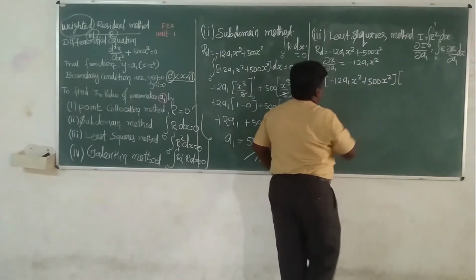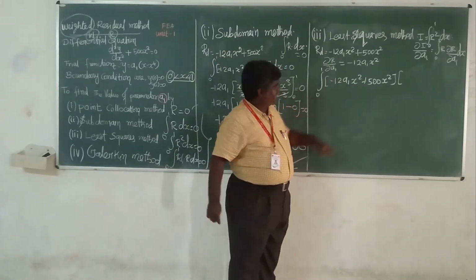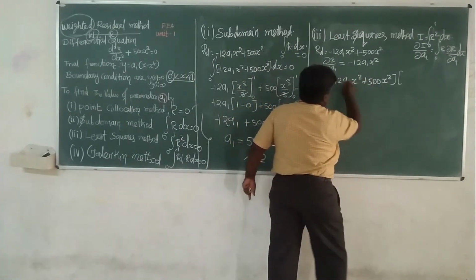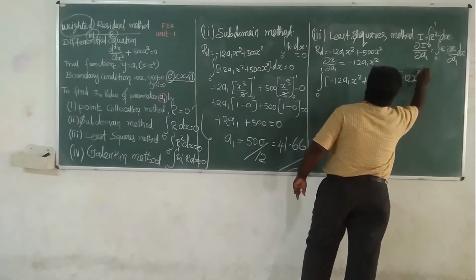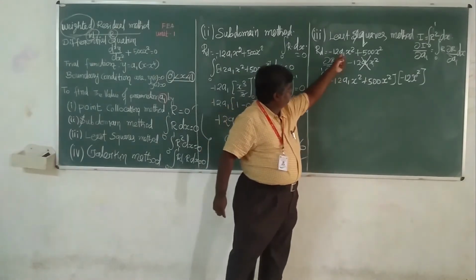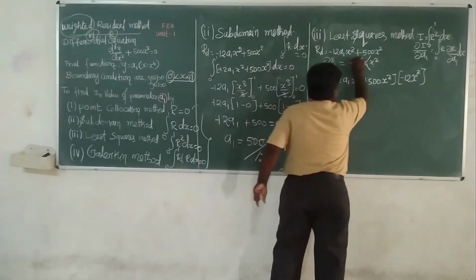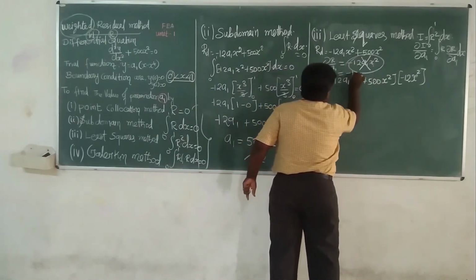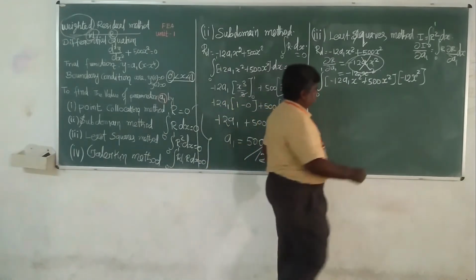A1 is not given. So differentiate with respect to a1. We obtain minus 12 x square. So equal to 0.